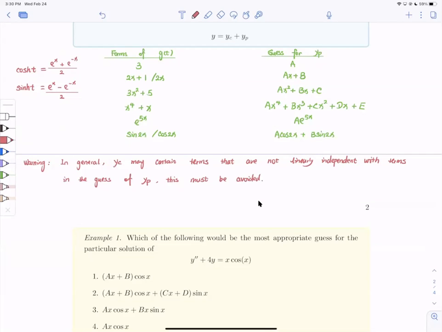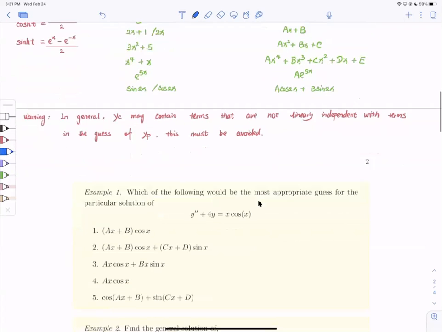So if you see something like this, you need to multiply by x, exactly. But this is a common mistake, which we will see later. A lot of people know that they need to multiply by x, but they still make mistakes, and I'll tell you why. So let's write it down first.